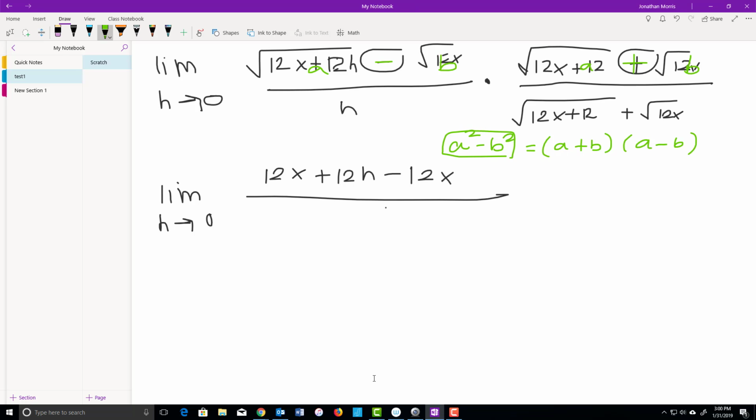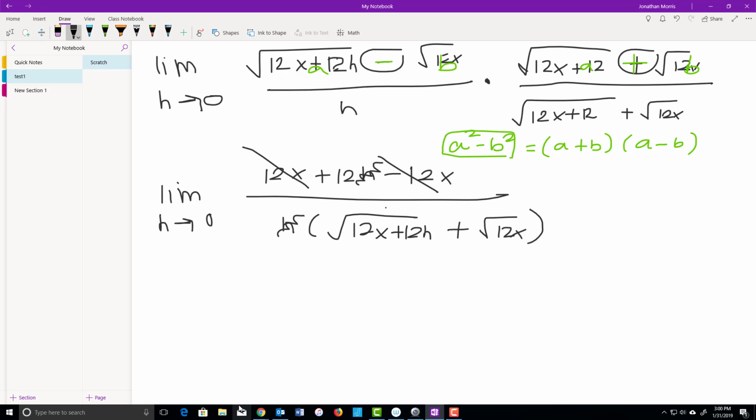In the denominator, you're like, what good have you done? You have h times the square root of 12x plus 12h plus the square root of 12x, and you're like, golly, you've only made it uglier. Not really, because watch what happens. The 12x's cancel, and this h cancels with this one.